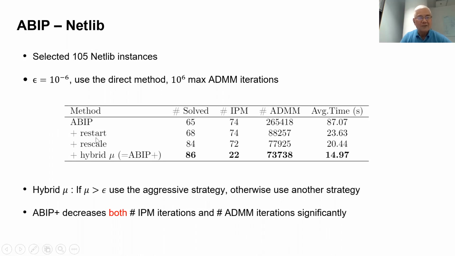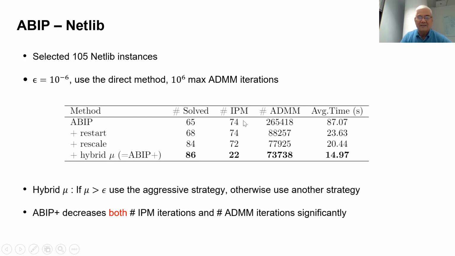However, once we add a restart, this is taken from 105 NETLIB problems, Hans Mittelmann's benchmark problems in NETLIB. Okay, so total 105. ABIP originally solves only 65, but with the restart you have 68, with rescaling, you solve 84. Then if you put all this together with hybrid, now you solve 86 problems, okay?